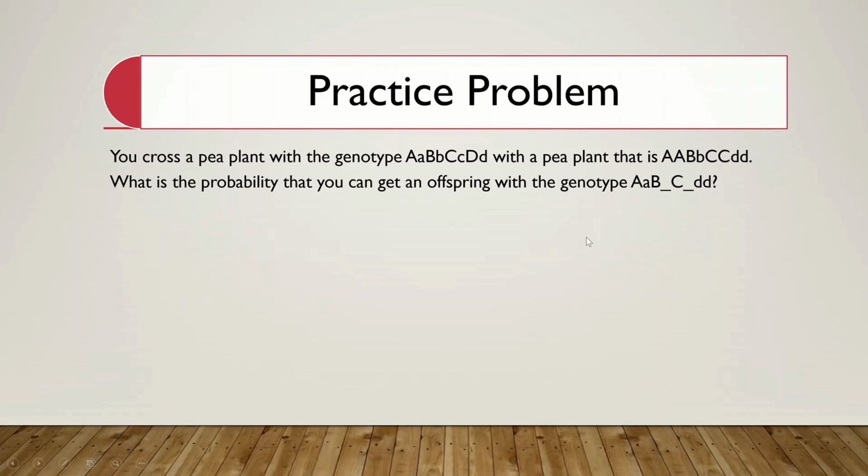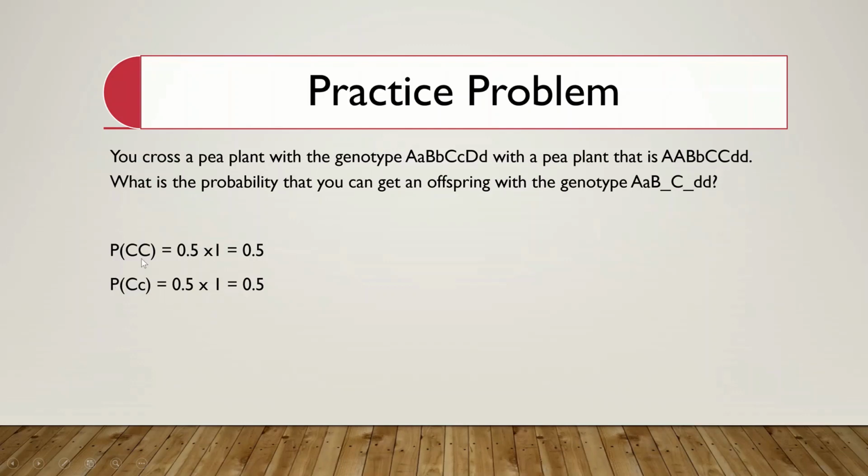And then for gene C, yet again we have an underscore, which implies that it could either be big C, big C, or big C, little c. And this time there's only one genotype for the heterozygous dominant genotype because parent 2 only has big C.